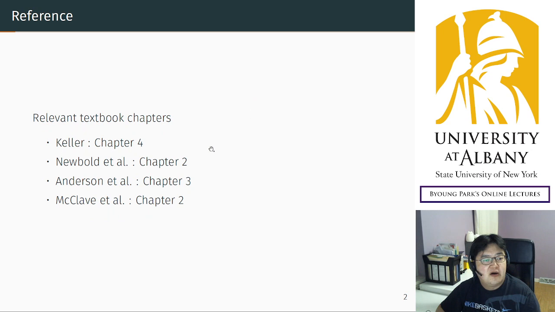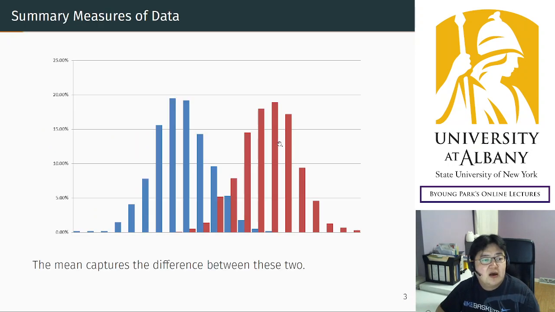So and the chapters in the textbook are like this. So find them. Let me start with some graphs, histograms. So think about these two histograms. Suppose that you have two data, or like say, data from two different groups, and they are blue and red.